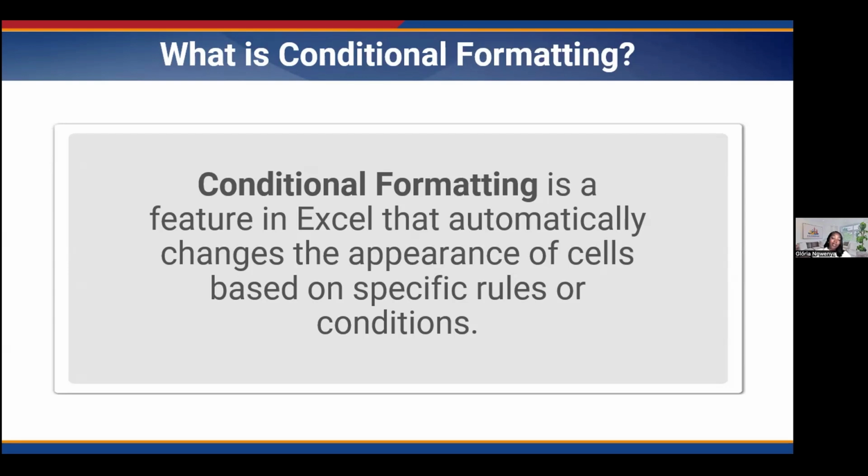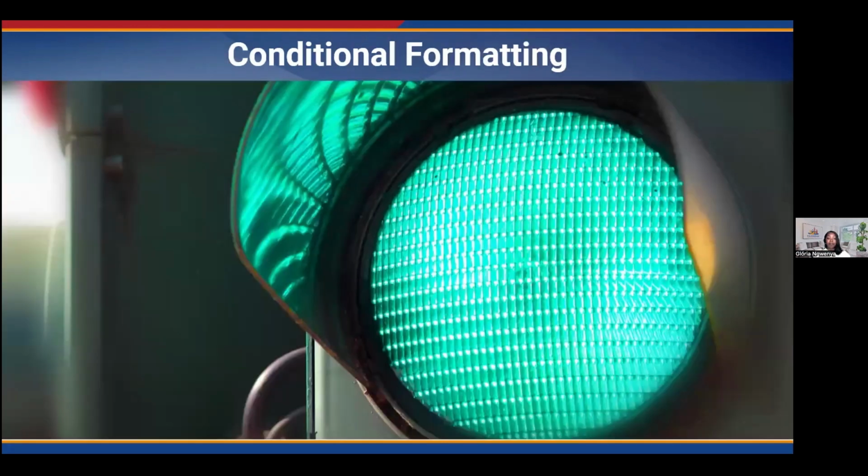So basically what this means is if we split the words conditional and formatting, that means we format a cell or cells in Excel based on a condition or a standard that we set. So we're formatting or styling a cell, but only if it meets the standard that we set, only if it meets the condition. So that's what conditional formatting is, basically.